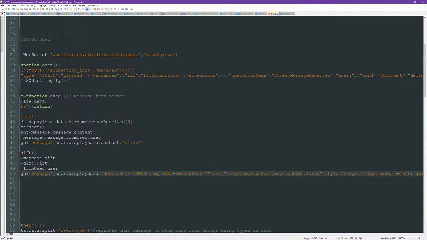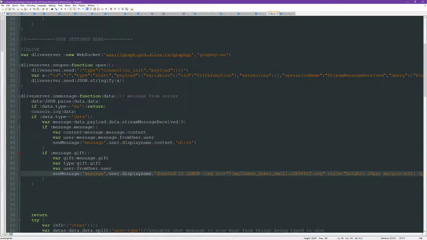Yeah, 1 lemon. I don't get the point of that, so let's get rid of it. Okay. So I guess now if somebody donates... Oh, I have just a donation.